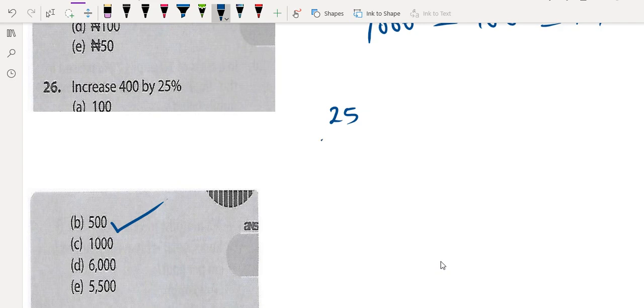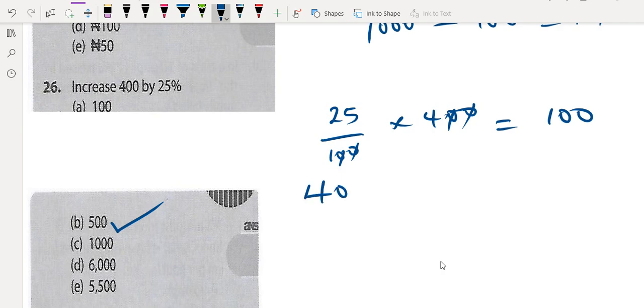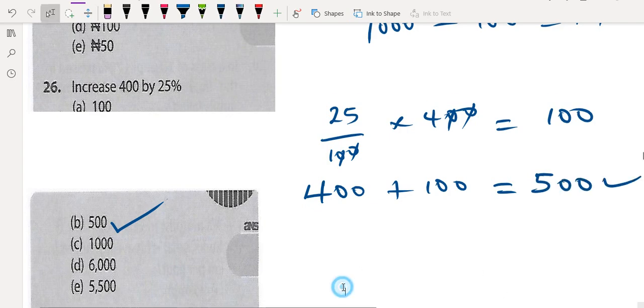So 25% of 400: 0 cancel 0, so 25 times 4. The question is increase 400 by 100. That becomes 500, because we're increasing now, not decreasing. So for increasing you add, and for decreasing you subtract. Yes, sir.